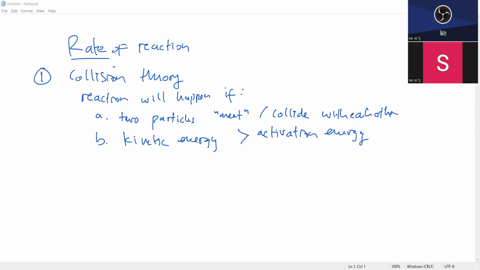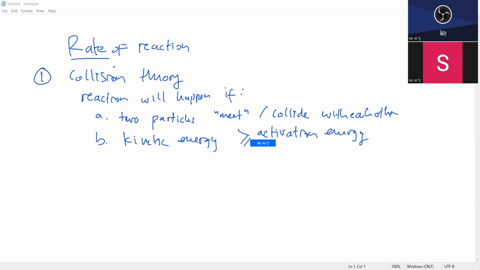Okay, now this tells us about two aspects that will change the rate of reaction. But for now, let's go back to collision theory. So the collision theory says that first, two particles must meet each other. And the second, when they meet or collide, they must have kinetic energy higher than or equal to the activation energy.